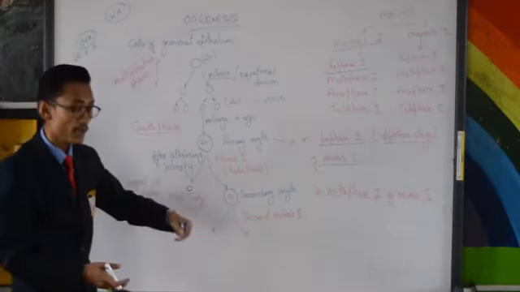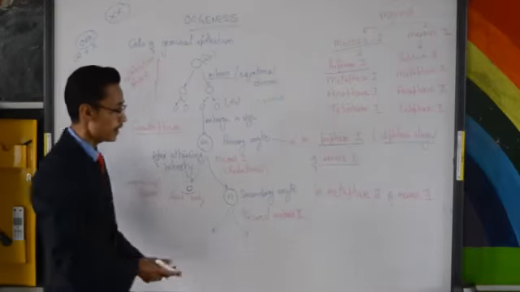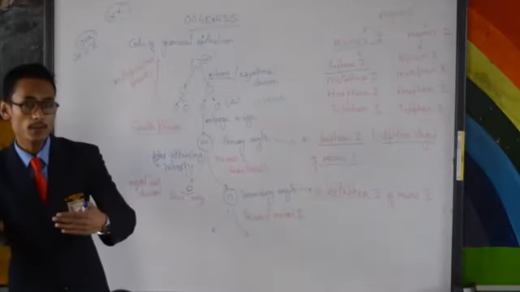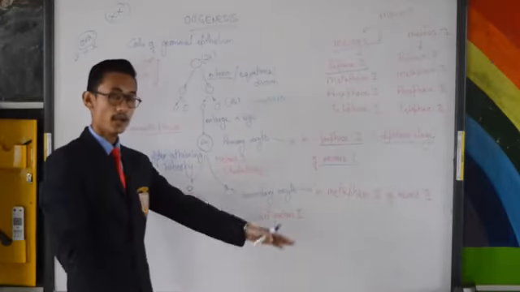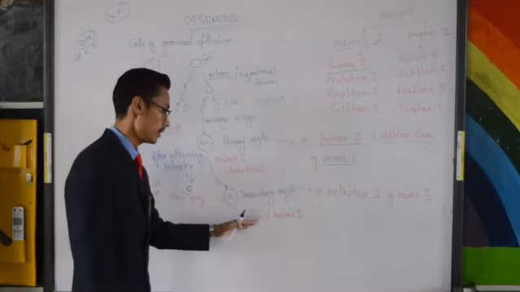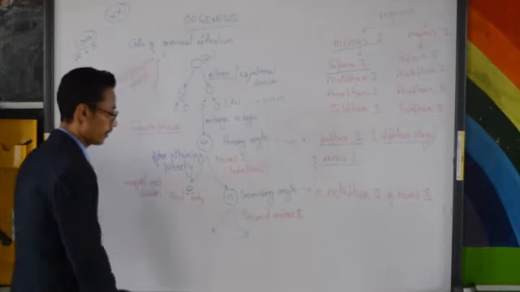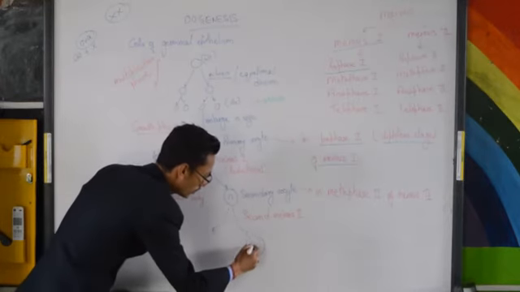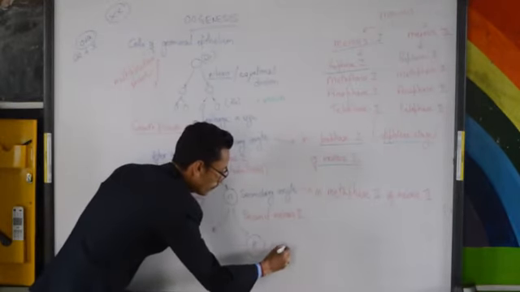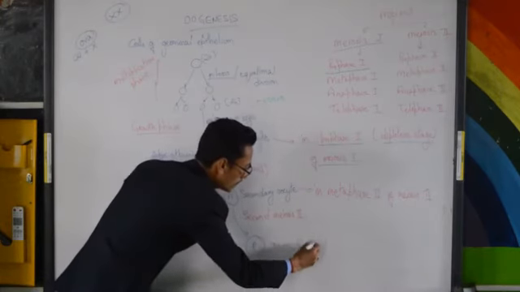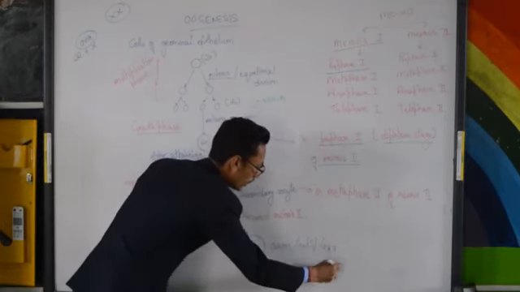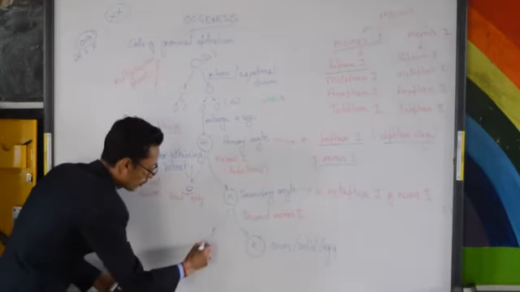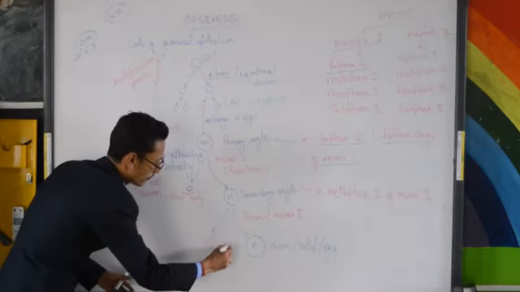Now, these secondary oocytes will also be arrested, or suspended, in which phase? In metaphase 2 of meiosis 2. Now, if a sperm has entered inside the secondary oocyte, then the secondary oocyte will complete the second meiotic cell division and form a large haploid structure called the ovum, or oocyte, or egg, and a smaller circular body called the polar body.